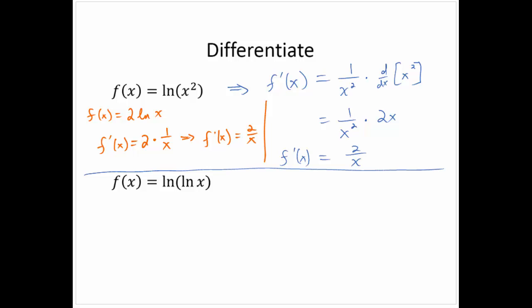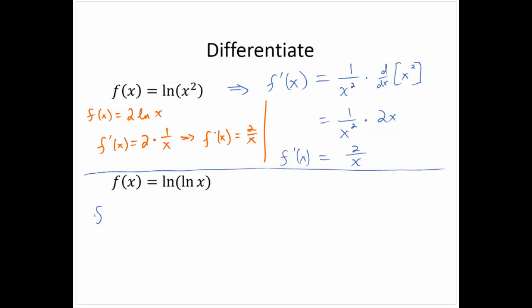Alright, let's look at another example. Here we have f of x is the natural log of the natural log of x. To calculate the derivative of the natural log of something, we have 1 over the something times the derivative of the something.